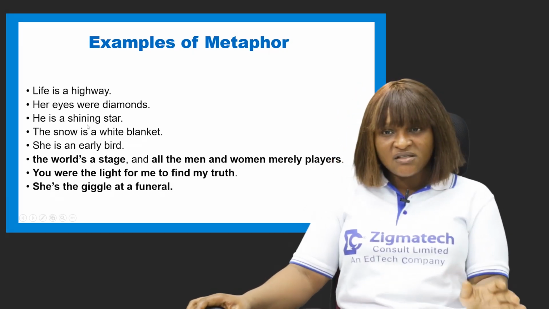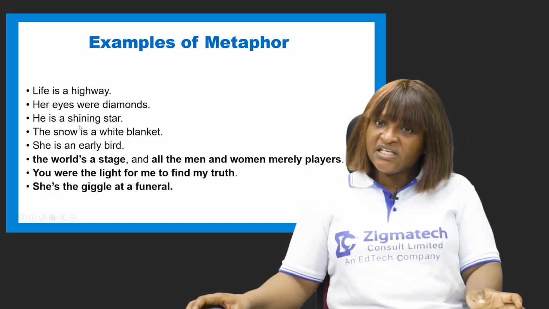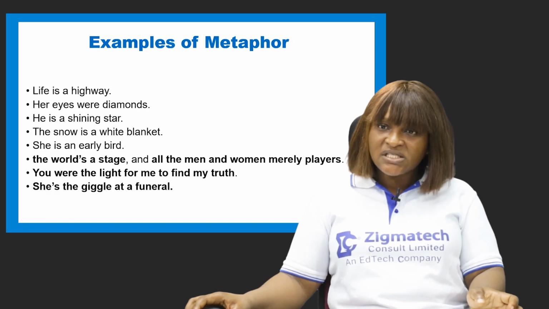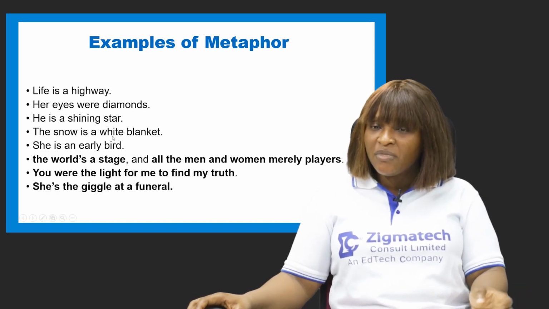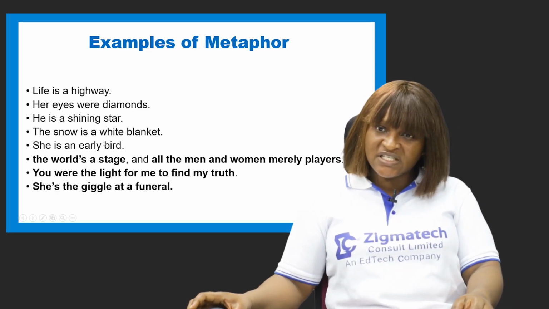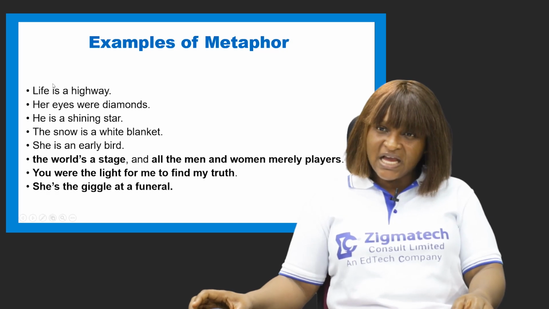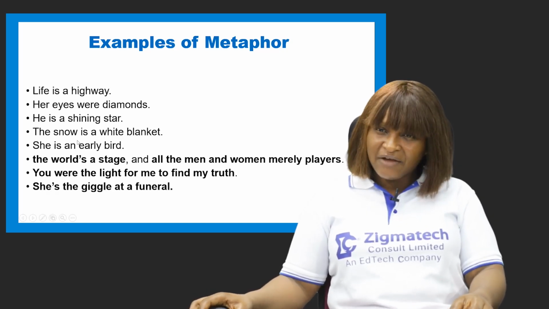He is a shining star. He's not saying that he is like a shining star. Rather, he's saying he is a shining star. All these things are situational, like I said. Sometimes it could remain that way, or according to the person who sees what he sees. But life is a highway is actually a metaphor, and that is what life really is.